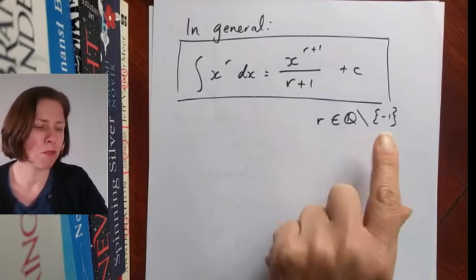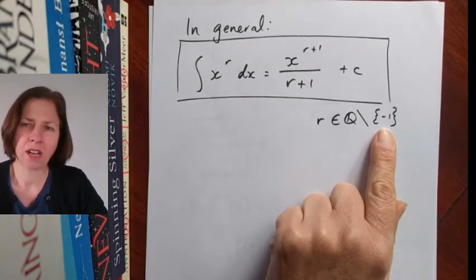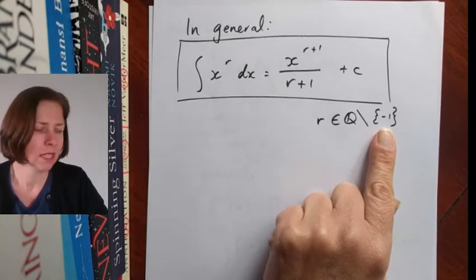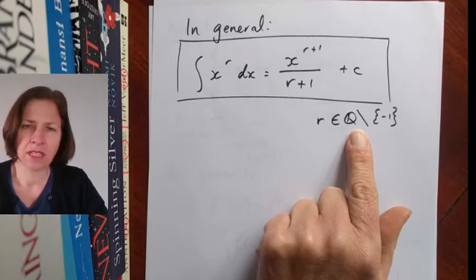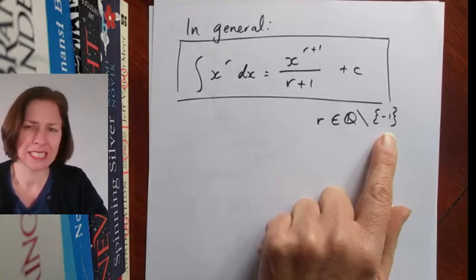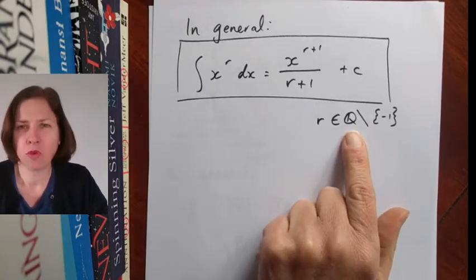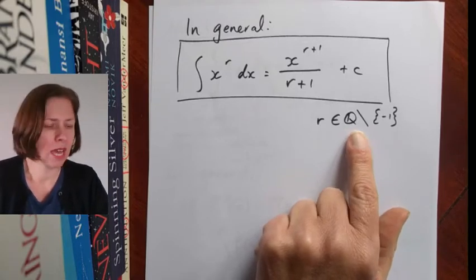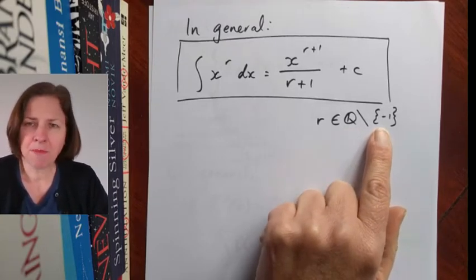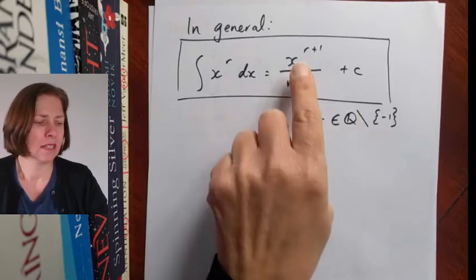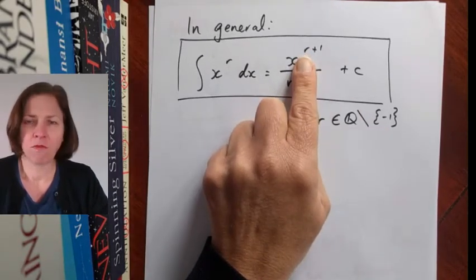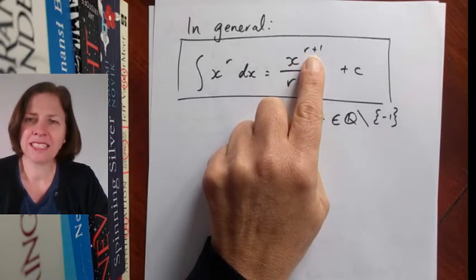Now, I said before that I would talk to you about why r could not be negative 1. So I've got here that r is an element of the rational numbers excluding negative 1. We will only deal with rational numbers, okay? But it can't be negative 1, because if I take r as negative 1 and then I add 1, I'm going to get 0.